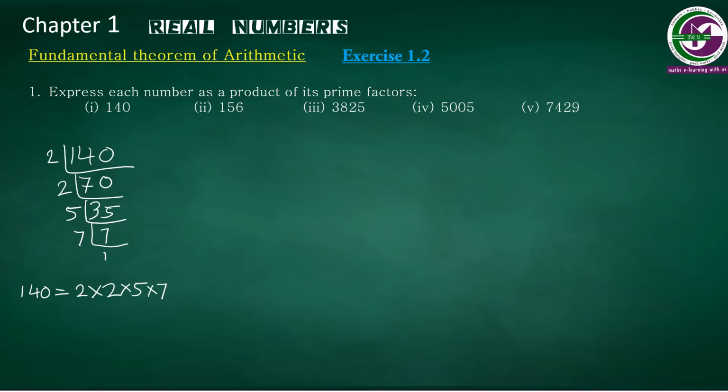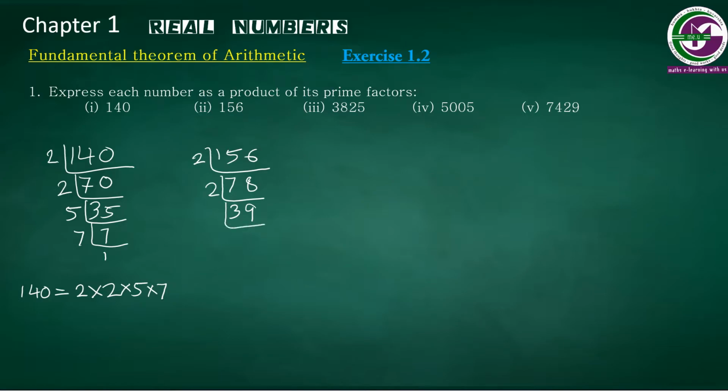Second question, 156. Here the last number is 6, an even number, so we can start with 2. In 15, 7 2s are 14, so we can write 7, carry over 1, so 16, 8. 8 2s are 16. Again it is an even number, so you can write 2 here. In 78, 3 2s are 6, carry over 1, 18, it is 39.